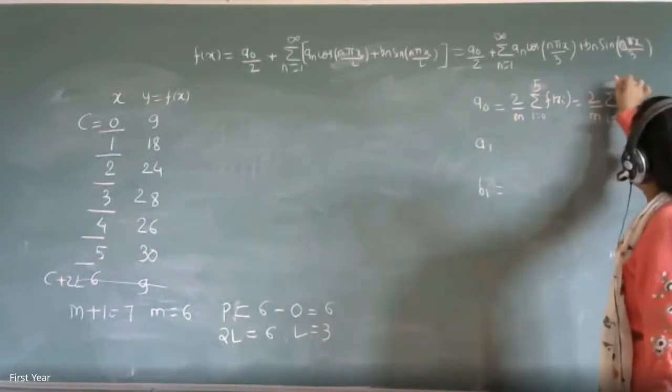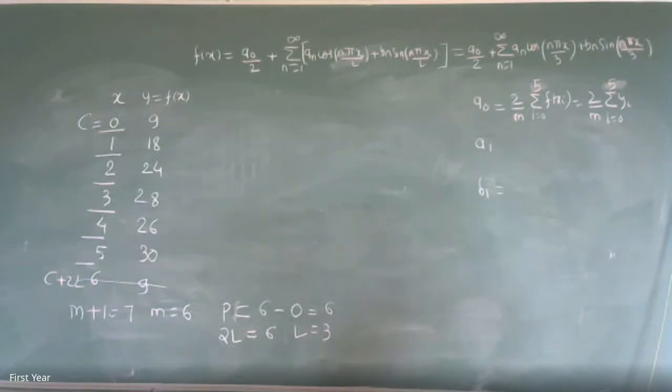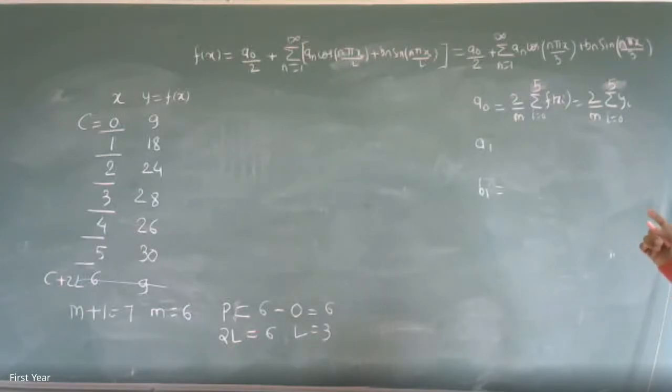Is this okay? Is this clear, everyone, up till this? Please reply. Why shouldn't we take the last point? It is the same as the first one, so there will be redundancy. If I take the same points, images, again, then it will be redundancy.